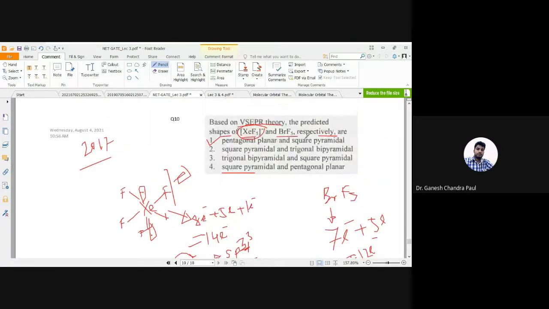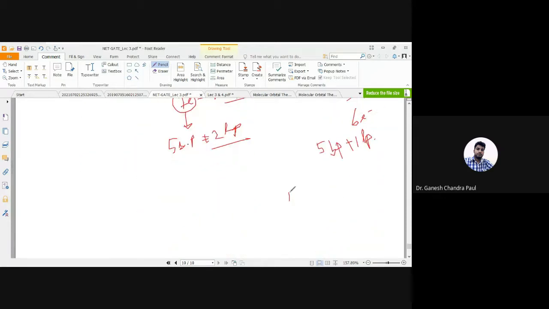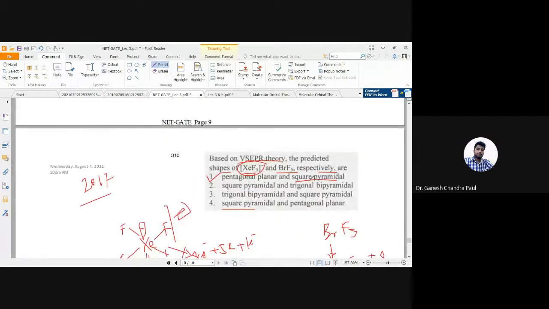So accordingly, it has square pyramidal geometry because one side is occupied by one lone pair, and the rest of the 5 fluorine atoms are present like this. The hybridization of the central bromine atom is sp3d2. So it is clear. BrF5 is square pyramidal.